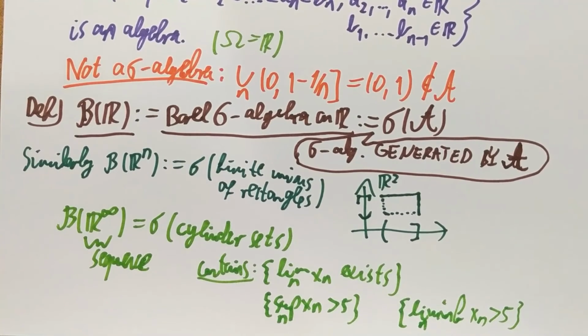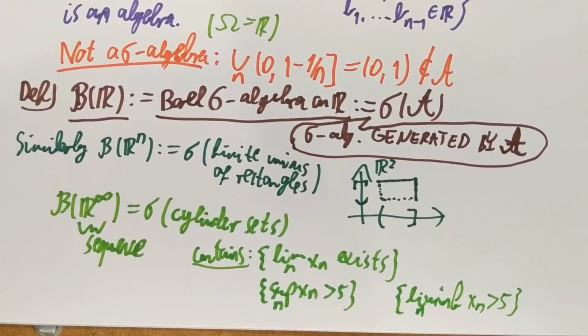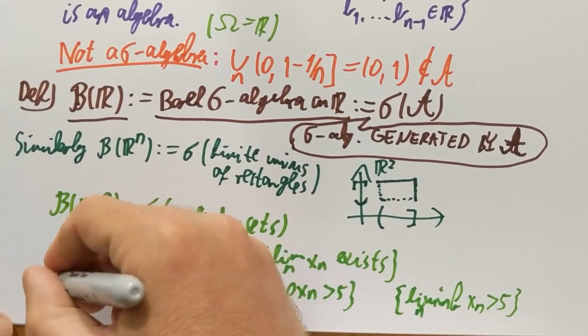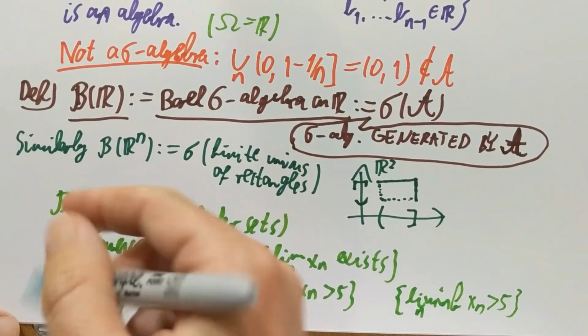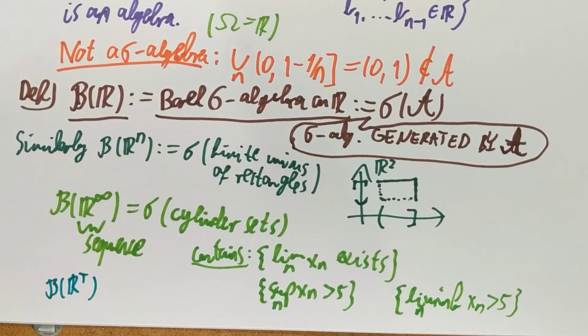You can even define the Borel sigma algebras on functions. So far we had sequences. What is a sequence? Well, you index real numbers with integers, so x1, x2, x3, and so on.